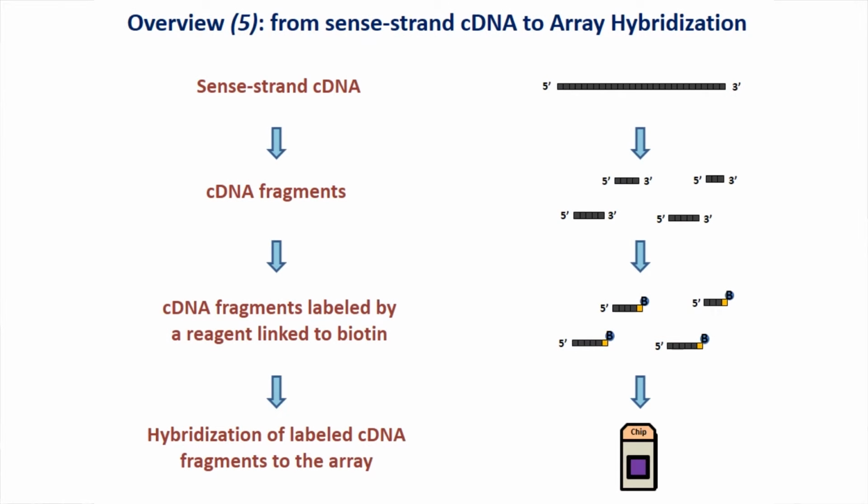Sense cDNA is then fragmented and labeled with biotin and represents the target cDNA ready to hybridize to antisense oligonucleotide probes on the microarray surface. In this video, we will try to show the basic principle behind each of these steps, and we hope that the reason for such a complex protocol will be clear at the end.